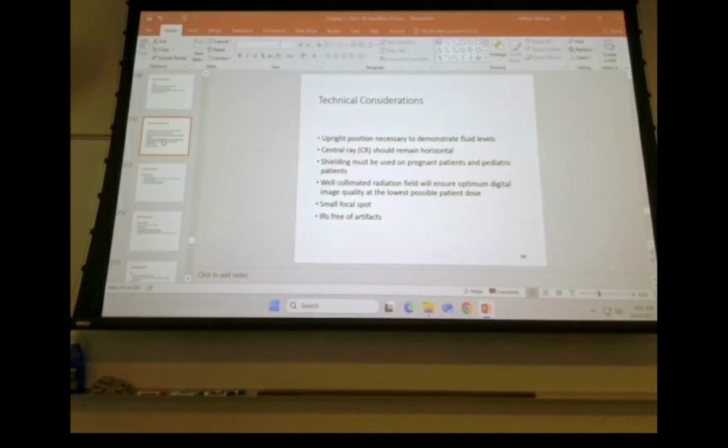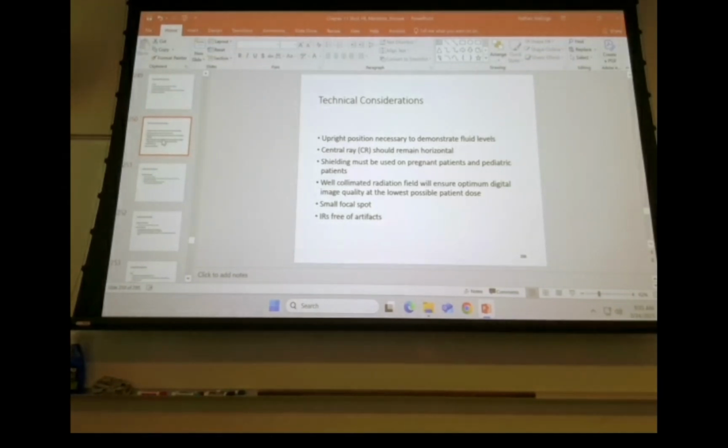So you've got a horizontal central ray, and between the images on page 96 and 97, you see what the horizontal central ray does for you. If you take it in reverse order, what you're seeing on page 97, figure 11-168, is a vertical central ray.